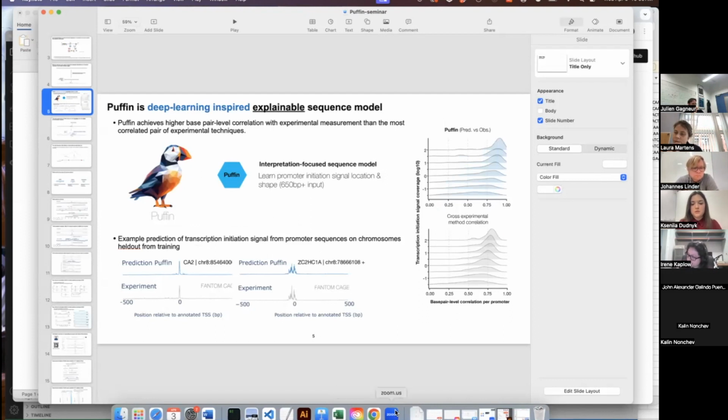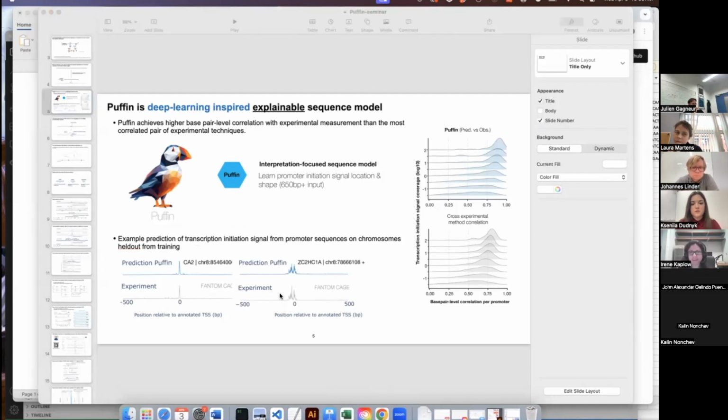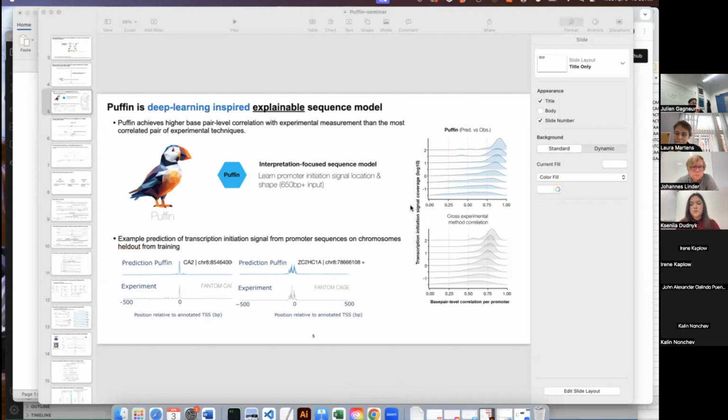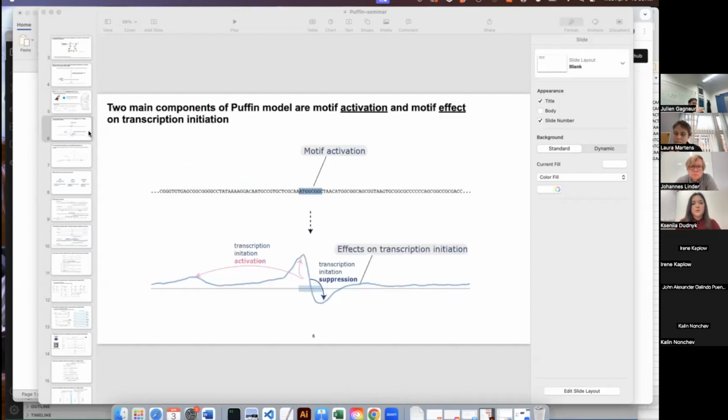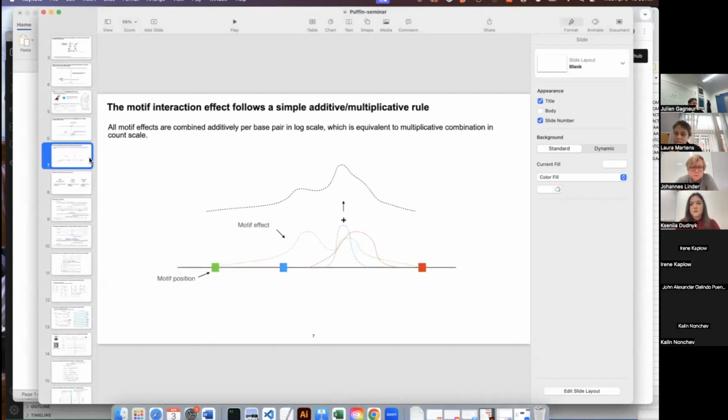Sorry, your question was if we see different features? If talking about the motif compositions, we don't see that. One property of Puffin is that there is no strong interaction between motifs, and we figured that out because when we looked at which motif combinations appear in the promoter, we didn't find any motifs that appear together.